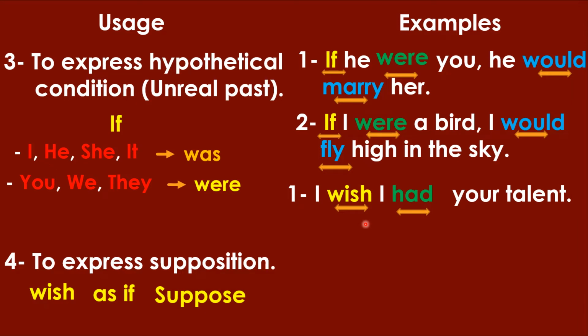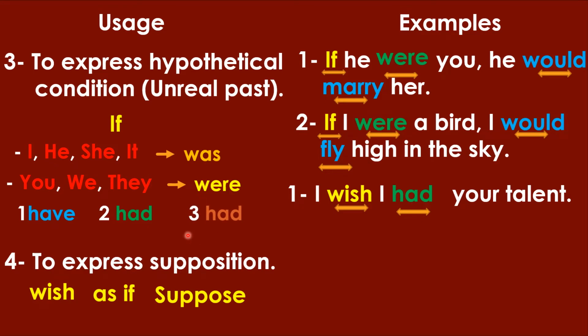And by the way, I takes have. The sentence means "I wish I had your skill." Normally we say I have. Look, for example, at the three forms of the verb have. Have is form 1. Had is form 2, which I use here.